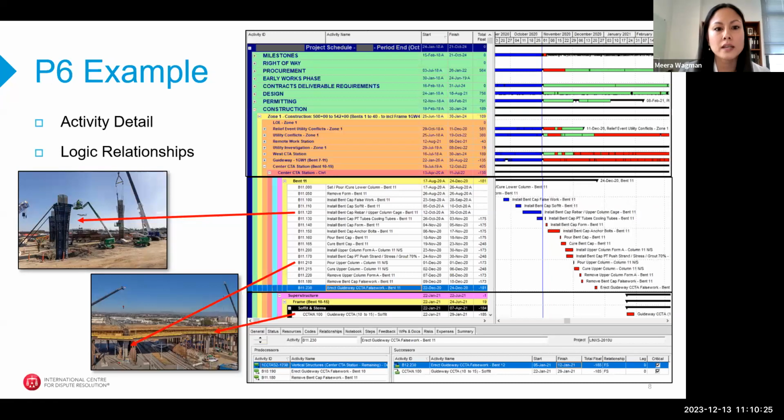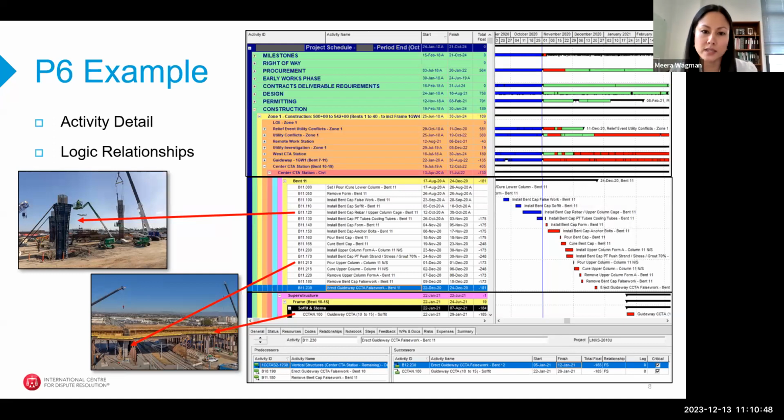And if we go to the next slide, I've now expanded that same schedule a little bit further. And so under the construction WBS, we see we're in zone 1. Within zone 1, there are additional sub areas. And then you can drill all the way down to the white section, which is the specific activity detail. And so you can see on the right, the as-built blue activities, that signifies one singular activity.